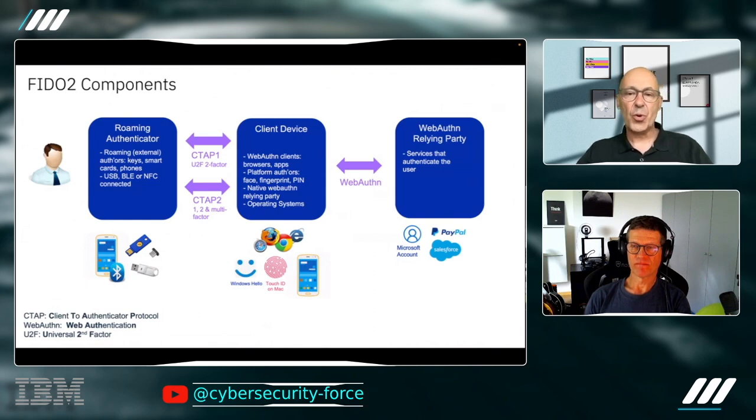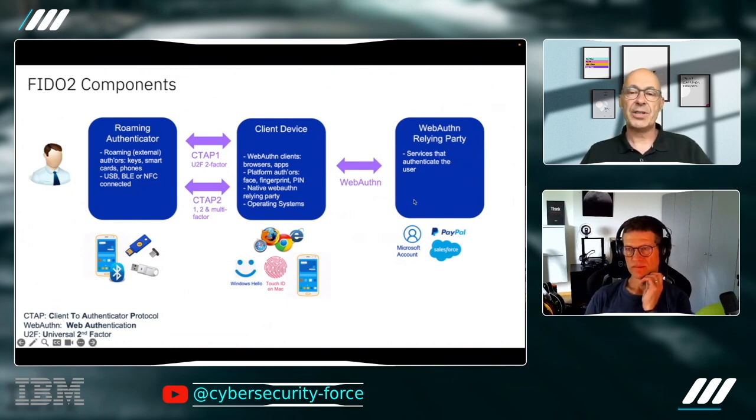When you start looking at why, there's of course much more to tell, and this is a pretty busy slide, but what I wanted to point out here is that basically FIDO is WebAuthn, that's one part of the protocol, and it's CTAP. And let's start here at the right.